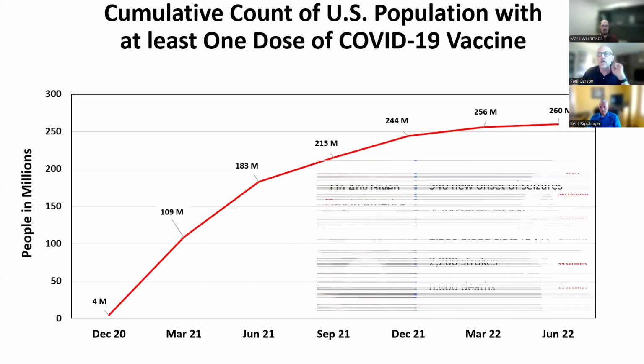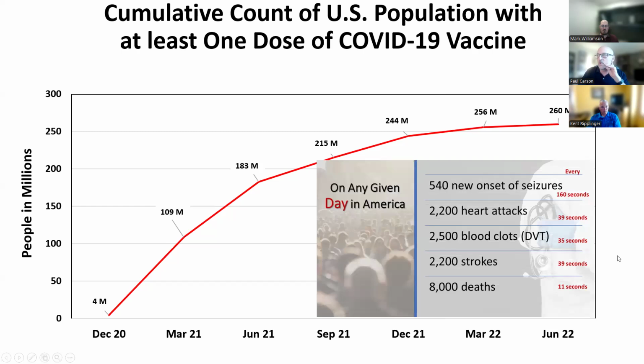Lay that on top of 2,200 strokes and heart attacks every 39 seconds, a person dying every 11 seconds, et cetera, et cetera. Of course, you're going to have some just serendipitous person dying or getting a heart attack or getting a stroke or some other bad thing within a month or a week or a day or an hour of their COVID vaccine just by chance alone.